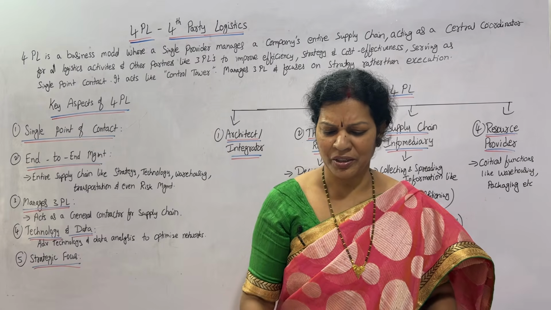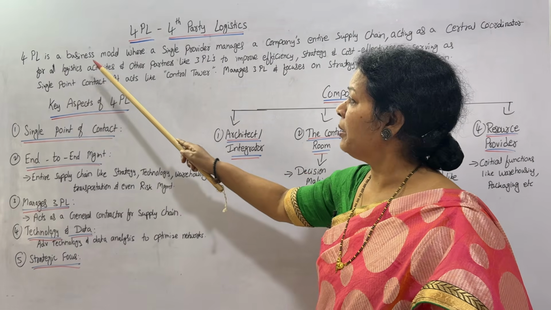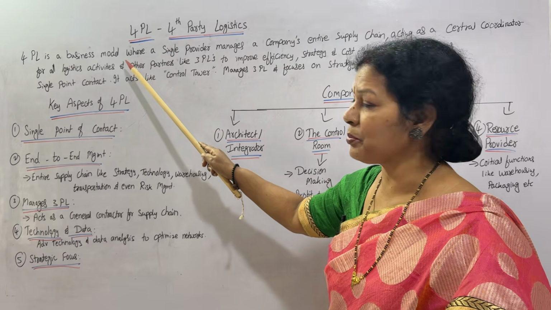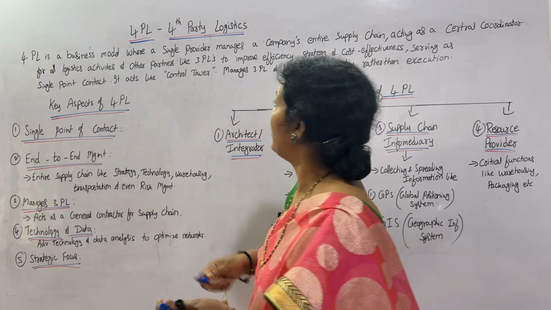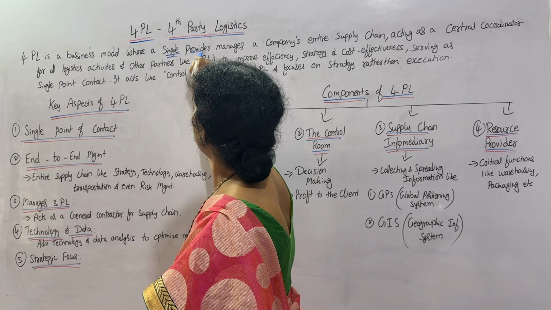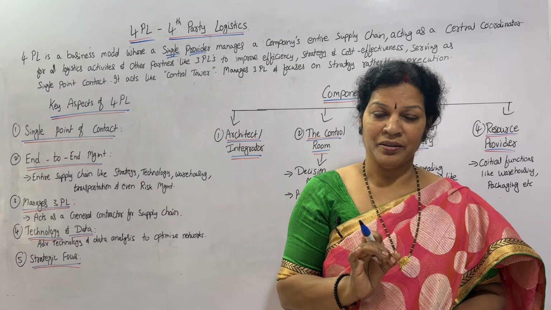First we'll see what it is. 4PL is a business model where a single provider, please remember this, a single provider means you are assigning this work to only one company.